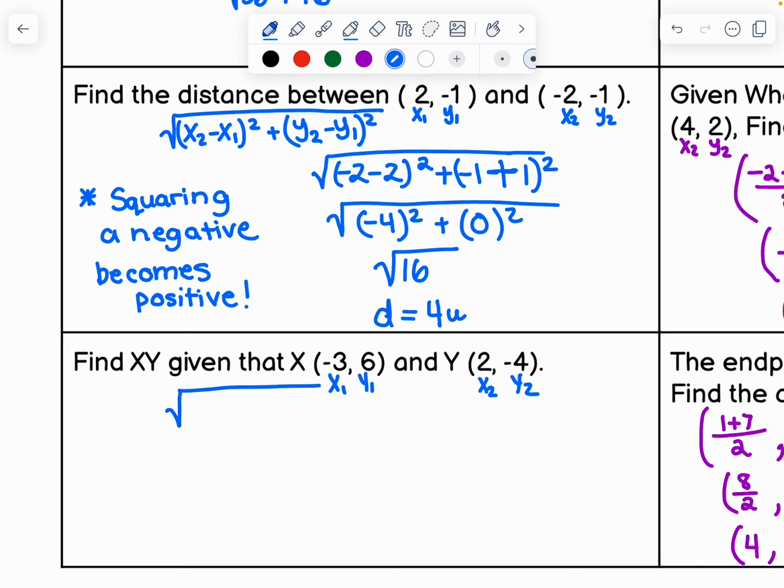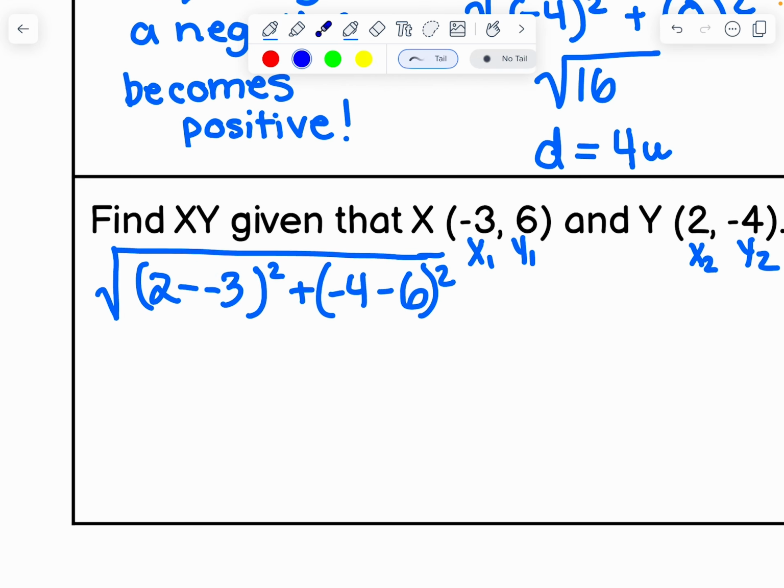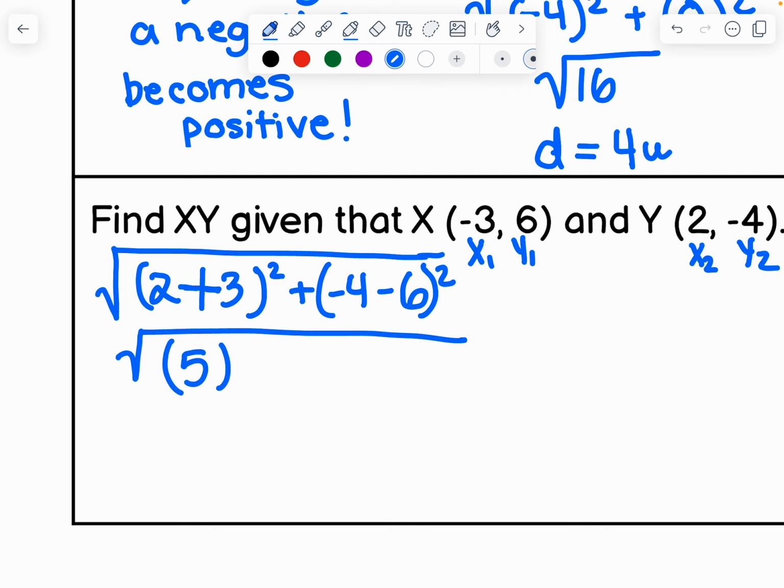We can see our formula above, so we're just going to plug in right here. x2 comes first. We want the square root of x2, which is 2, minus x1, which is -3, squared, plus y2, which is -4, minus y1, which is 6, squared. And so, again, we have a double minus, that's going to turn to plus, and 2 plus 3 is 5.